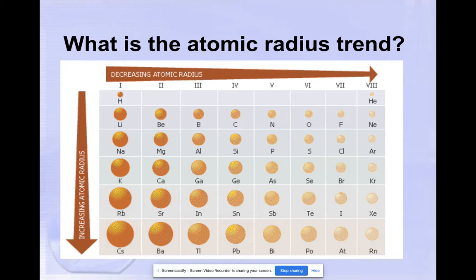What is the atomic radius trend? This image illustrates the trend. As you go down a group in the periodic table, the atomic radius increases. And as you go to the right, it decreases. We'll look at why each of those trends exists. When you go down a group, this should be pretty straightforward.